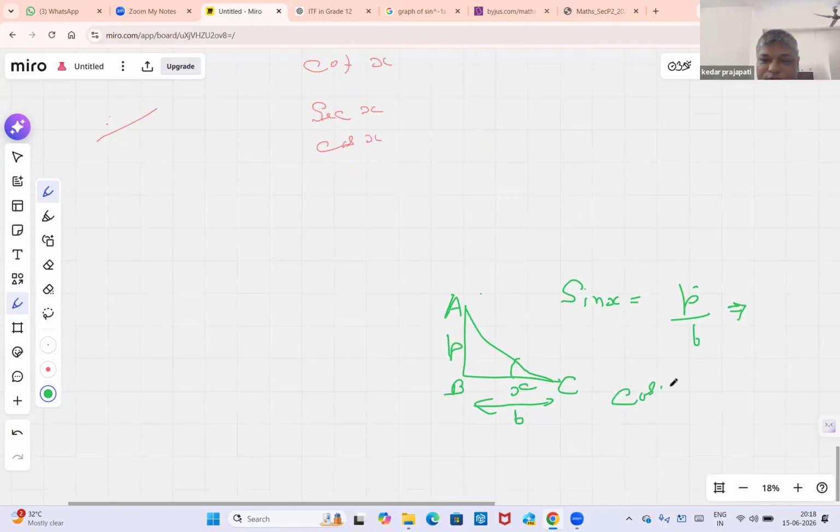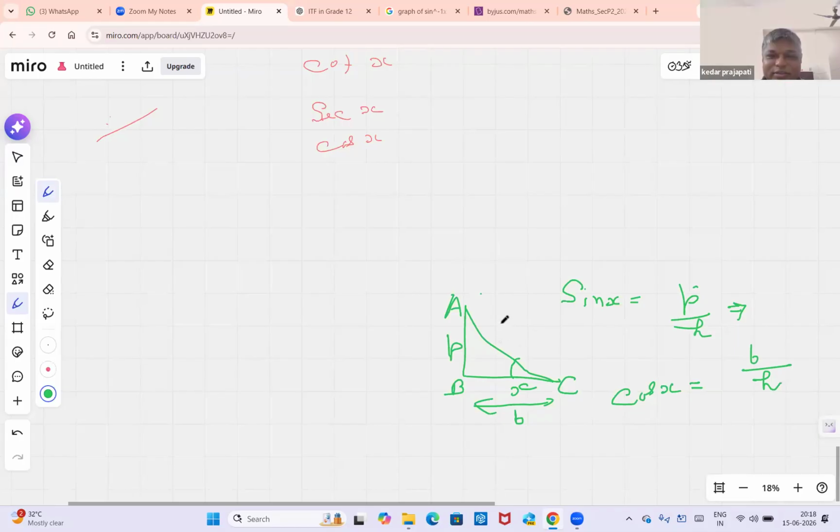So cos of X will be what? No, it shouldn't be perpendicular to base. Sine X is perpendicular by hypotenuse. Cos X will be base by hypotenuse. So what is the hypotenuse here?